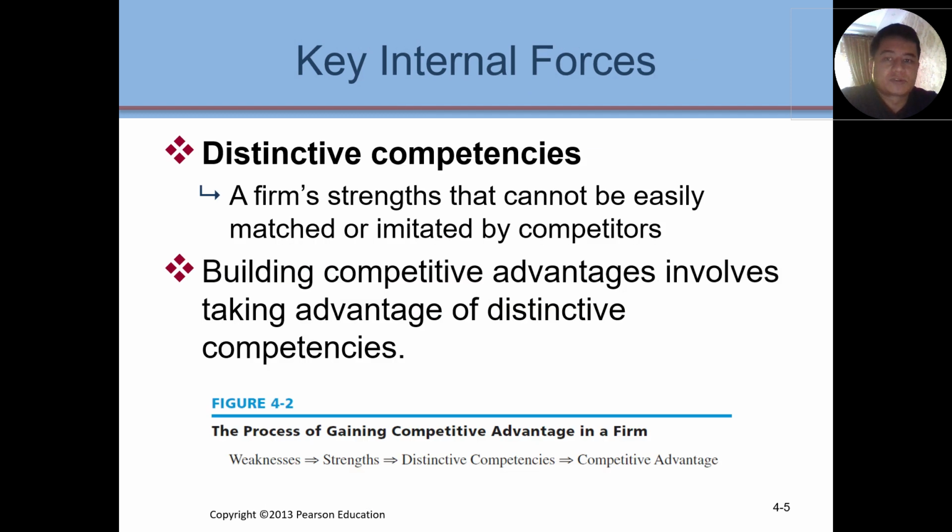Key internal forces: distinctive competencies are a firm's strengths that cannot be easily matched or imitated by competitors, and building competitive advantages involves taking advantage of distinctive competencies. Figure 2.4 shows you the process of gaining competitive advantage in a firm: weaknesses, strengths, distinctive competencies, and competitive advantages.